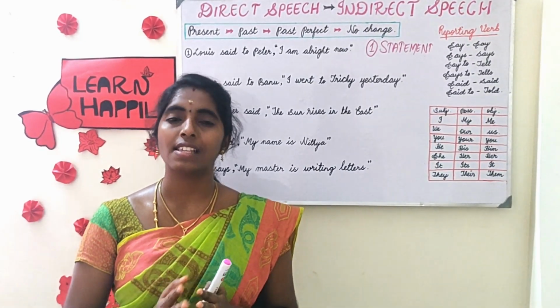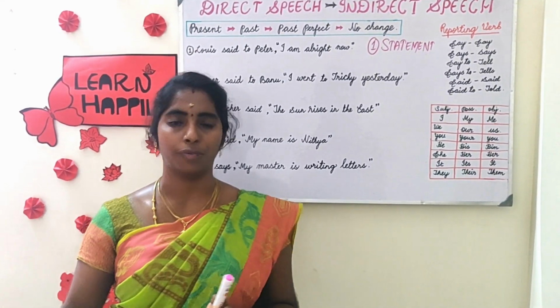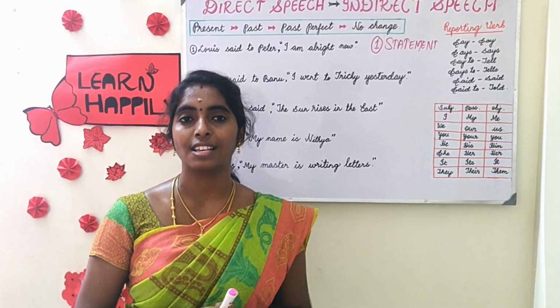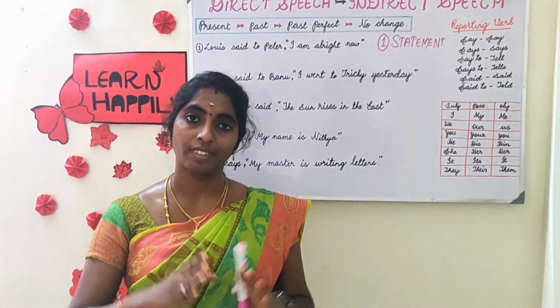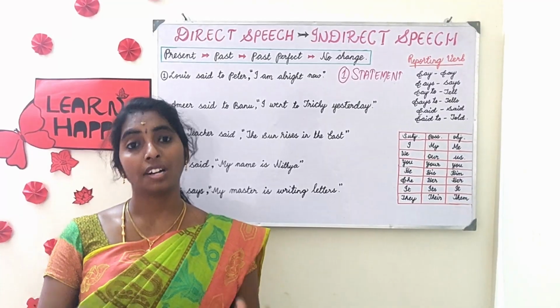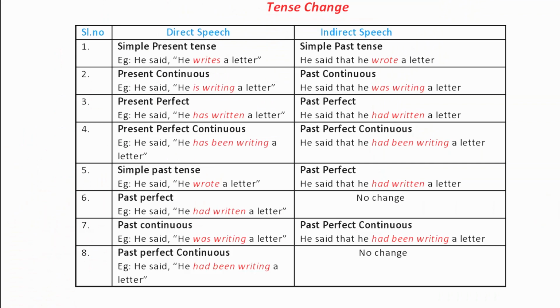If the sentence is already in past tense, it will be changed to past perfect. And if a sentence is in past perfect, there won't be any change. This is a general change. And what are the other changes? In detail I have given you as an image. Please go through it. You can even pause the video and take a note of it.